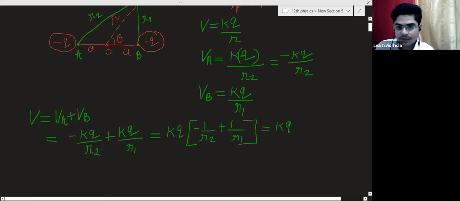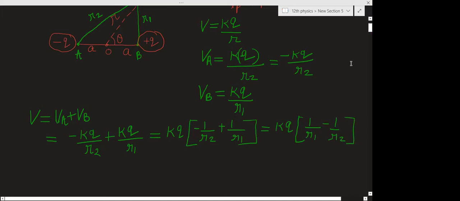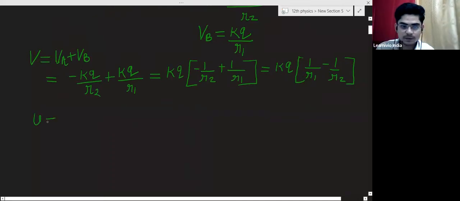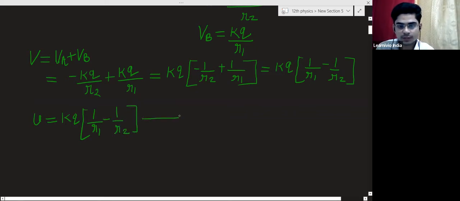So I can write it as 1 upon R1 minus 1 upon R2. Is there any problem? It's fine. So basically, now we have KQ into 1 upon R1 minus 1 upon R2. This is the equation.